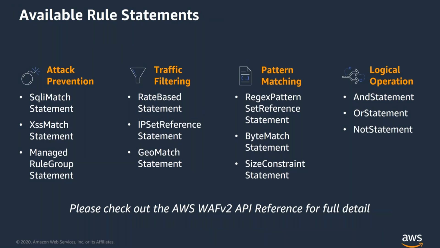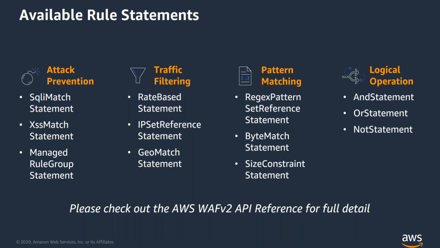We don't have time to cover all the rule statements, but here is a list of all the statements that are available as of today. So we have attack prevention, which includes SQLi detection and cross-site scripting attack detection, and managed rule group, which includes AWS Managed Rules and AWS Marketplace Rules.